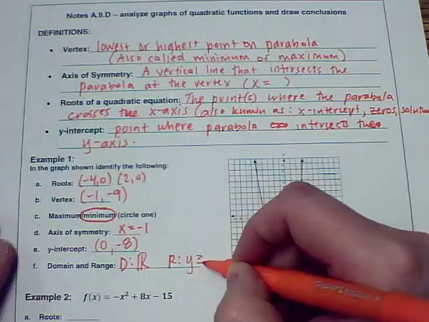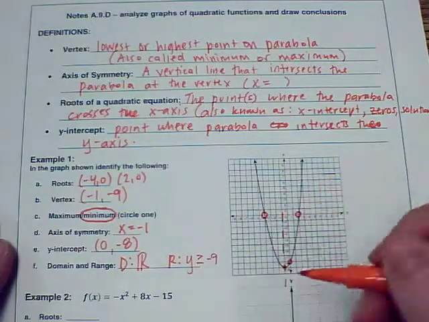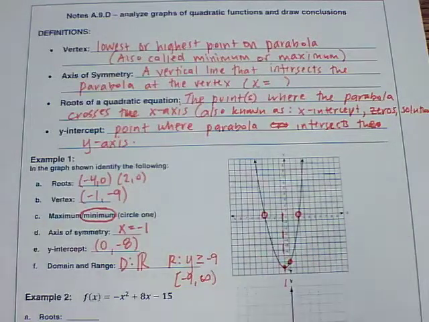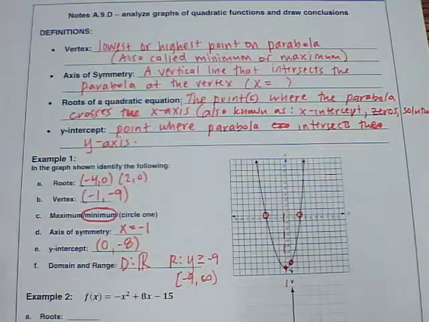So our y is greater than or equal to -9. Or if you prefer interval notation, it doesn't matter. I'll let you choose on this homework. You don't have to write both. So choose inequality or interval. Either of those is fine.